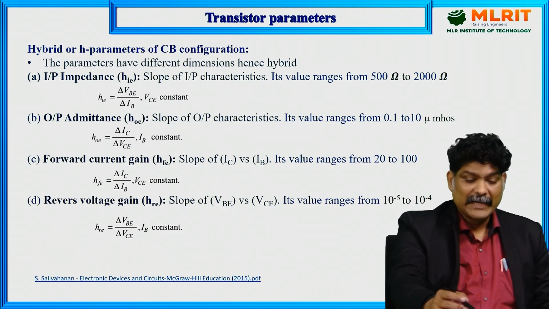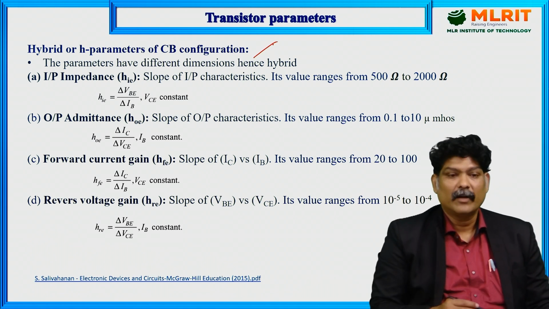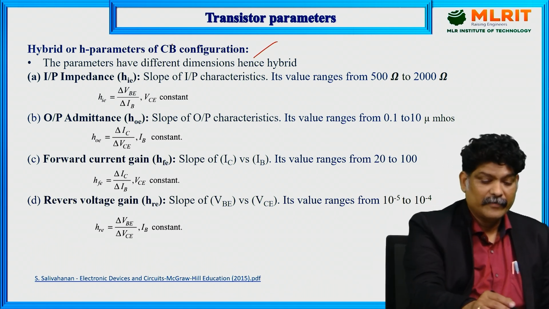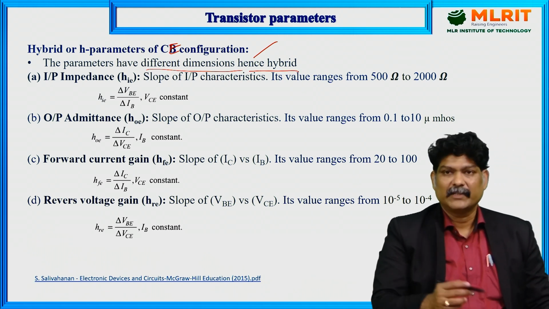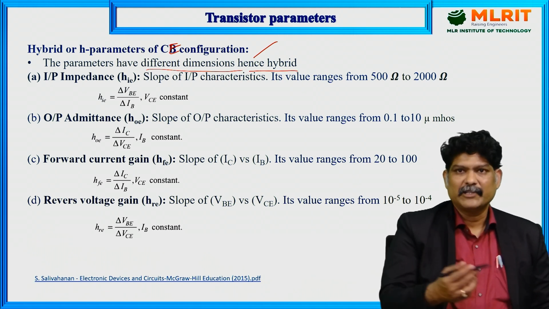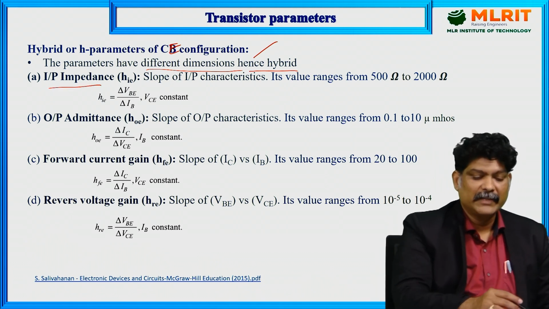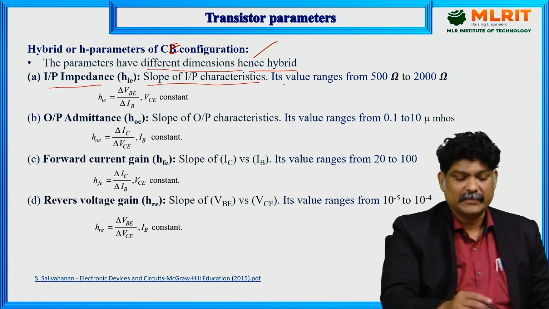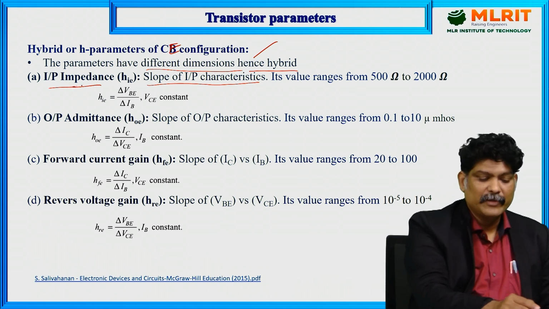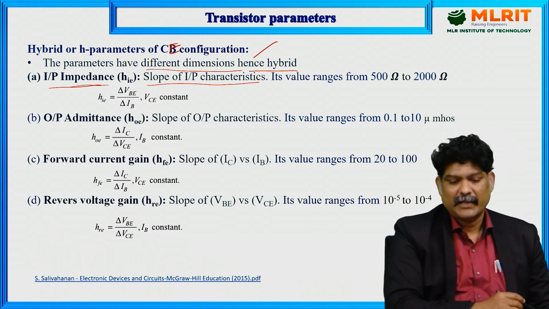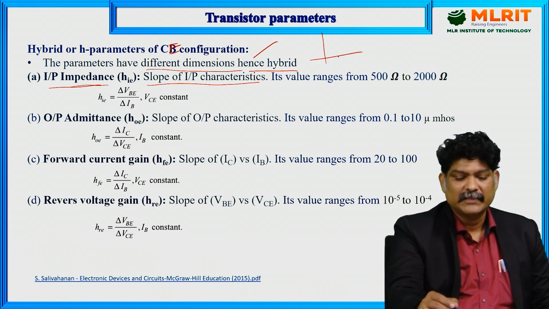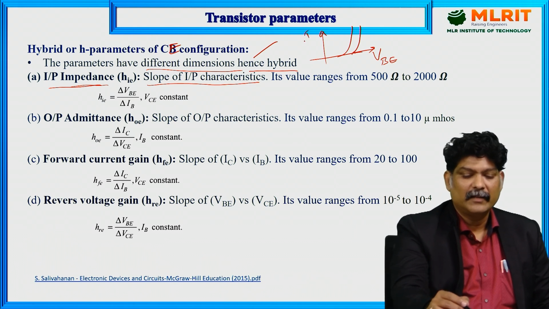Now coming to the transistor parameters, the hybrid or H parameters of the CE configuration. The parameters have different dimensions, hence they are called hybrid parameters. The input impedance, represented by HIE, is the slope of the input characteristics, which is between VBE and IB.